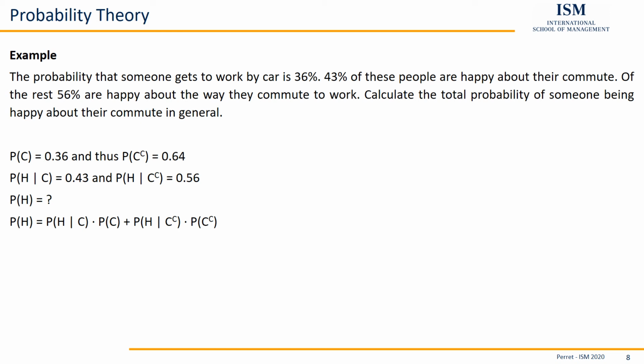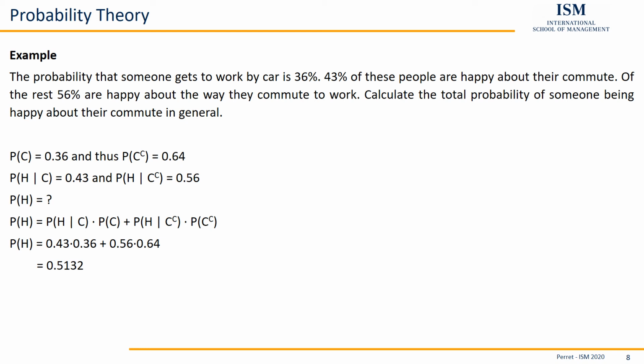We're doing the same thing here. So we're basically summing up all the different probabilities of the intersections of both events. Okay, so much as a background here. In this example, we simply plug the info we have into the formula, and we get as a result 0.5132.